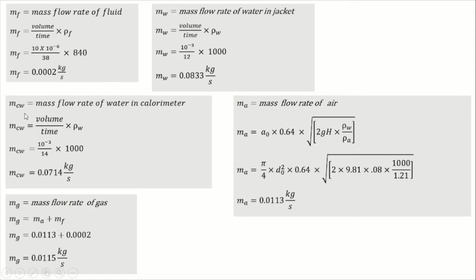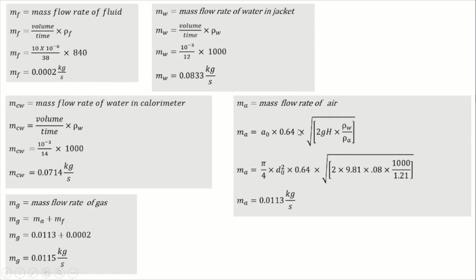Third, the mass flow rate of water in the calorimeter: here it is 0.0714 kg per second. And for the mass flow rate of air by the airbox method, A0 is the orifice area, pi by 4 D0 squared. Here we have taken D0 as 0.025 meter.